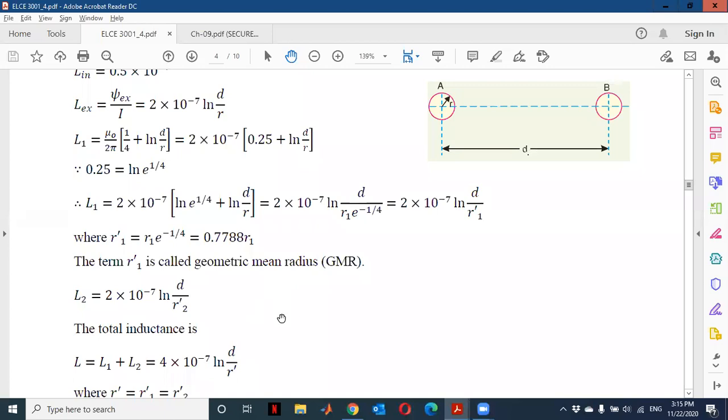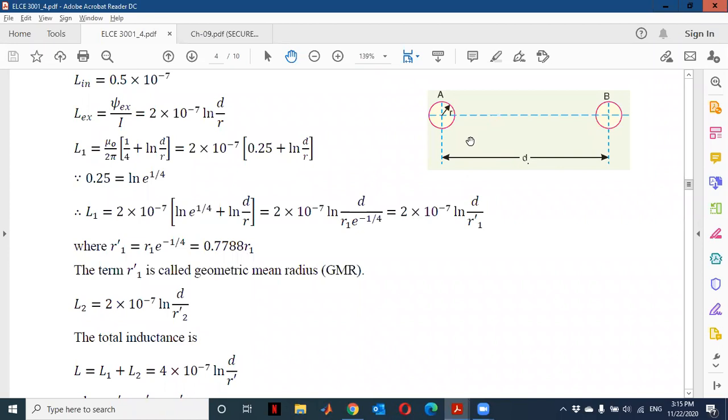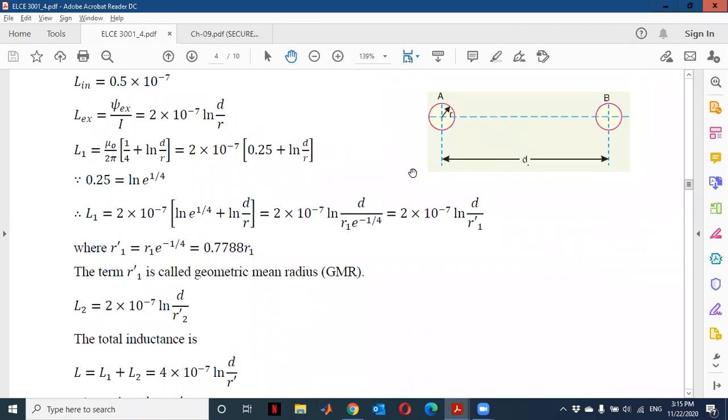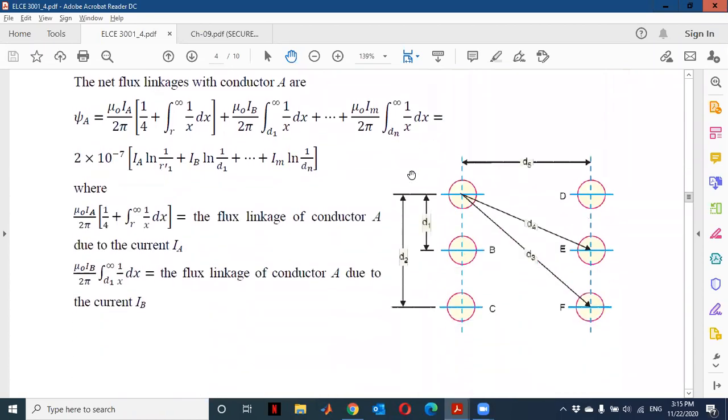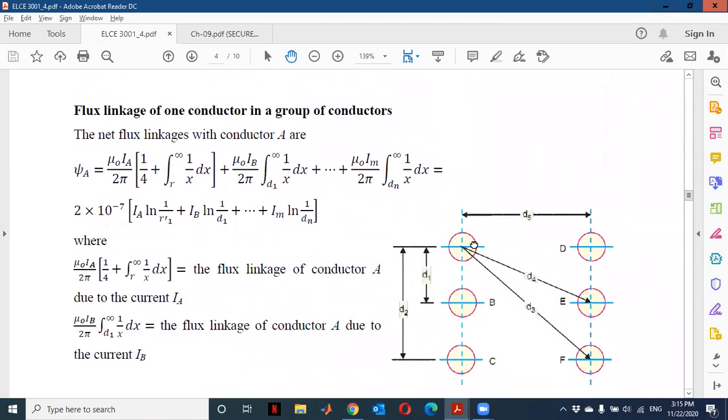R dash here is 0.7788 R1. Remember, you have to memorize this value. So r dash is 0.7788 R1. This is if we have single phase two conductors. What if we have multiple conductors?